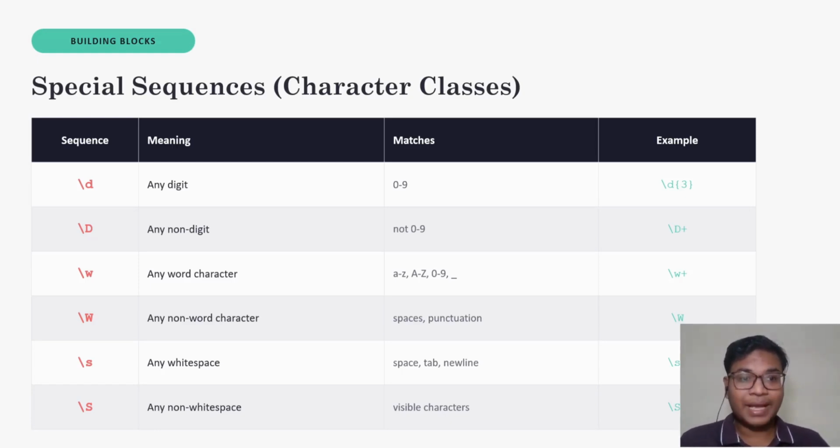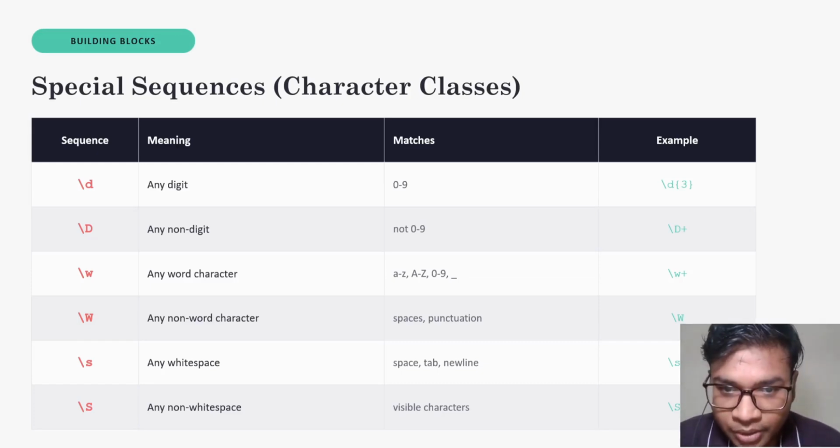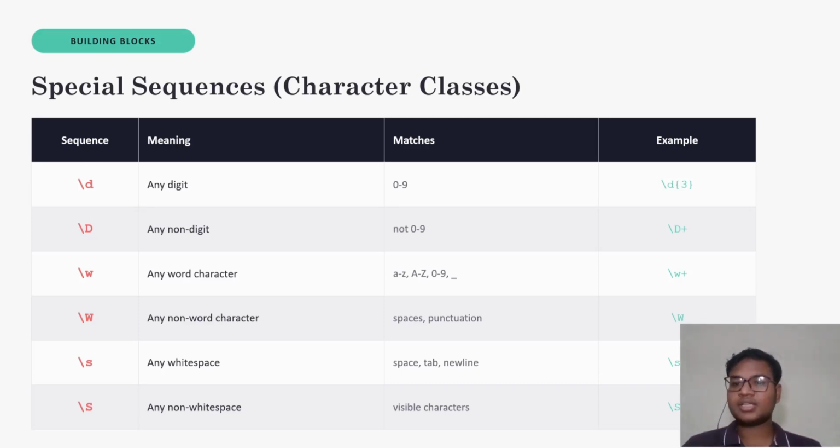And we also have backslash w, which means any word character: small a to z, capital A to Z, 0 to 9, and one more thing, the underscore. That's an example, backslash w plus. And we have backslash capital W, meaning any non-word character, such as punctuation.